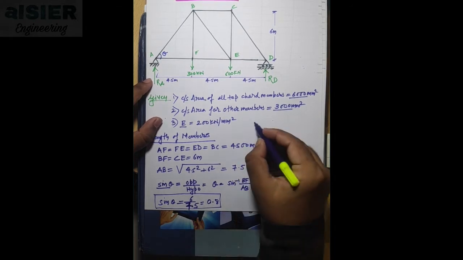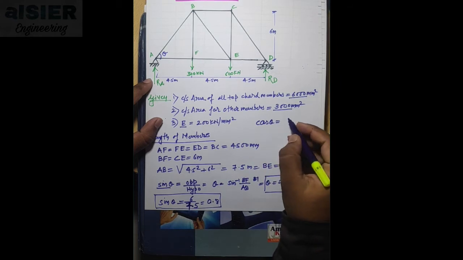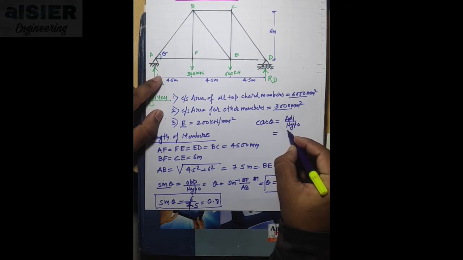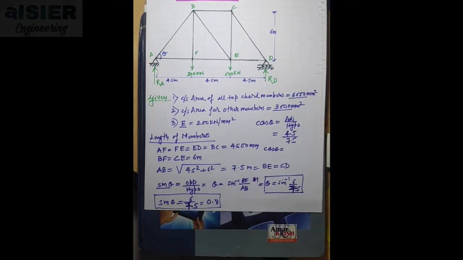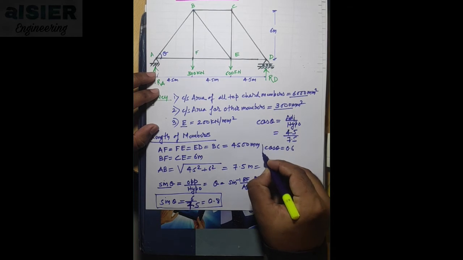Similarly we will calculate cos theta. Cos theta is equal to adjacent upon hypotenuse. The adjacent value is 4.5 divided by 7.5, so we get cos theta is equal to 0.6.